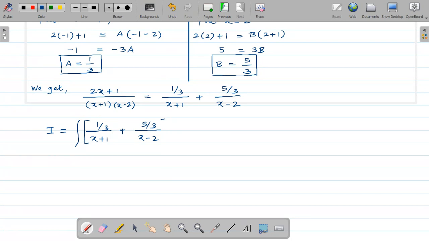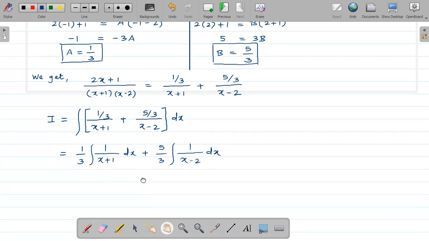So this is called the partial fraction method. Now see here, 1 by 3 you can take outside into integration of 1 upon x plus 1 dx, take the separate integration, plus 5 by 3 as it is into integration of 1 upon x minus 2 dx.